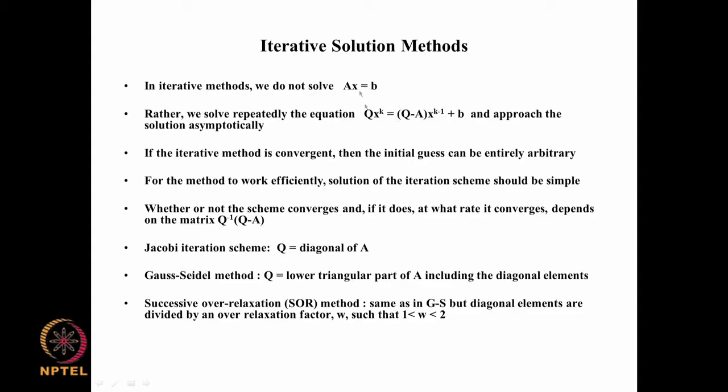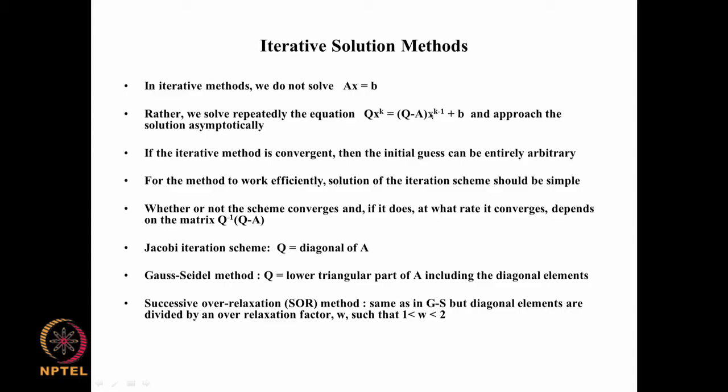This looks even more complicated than this, but the Q here is such that this equation becomes very easy to solve, and you can see that when the solution is converged, that is when x^k is almost equal to x^(k minus 1), then Qx^k equal to Qx^(k minus 1) minus Ax^(k minus 1) plus b.